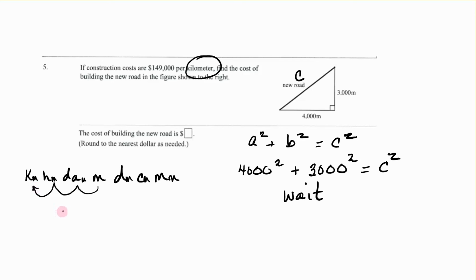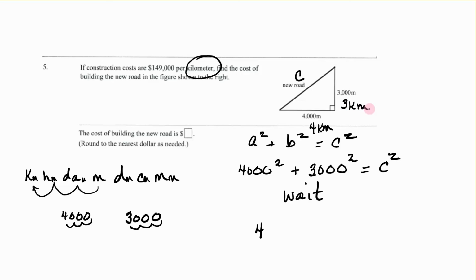So 4,000 meters becomes 1, 2, 3, 4 kilometers. 3,000 meters, 1, 2, 3, becomes 3 kilometers.